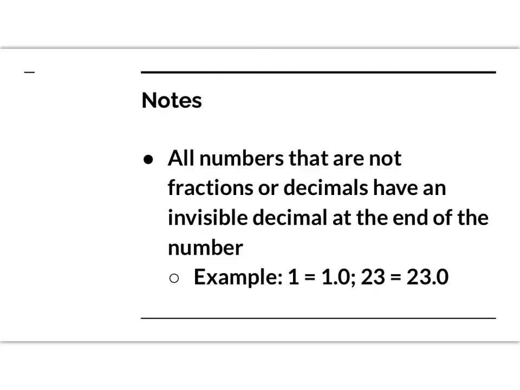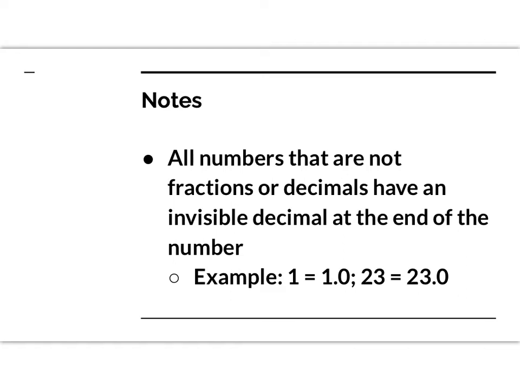Okay, so our notes. All numbers that are not fractions or decimals have an invisible decimal at the end of the number, and that's going to be important for when we get to fractions and decimals. So for example, 1 has a 1 in the ones column, so it's 1.